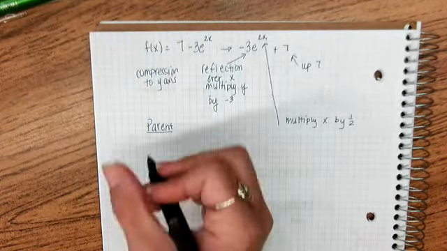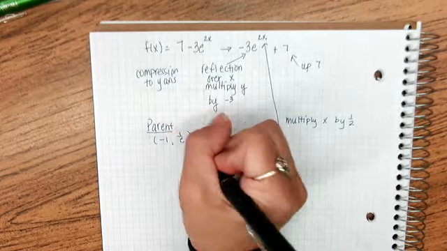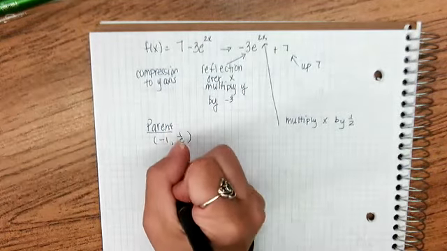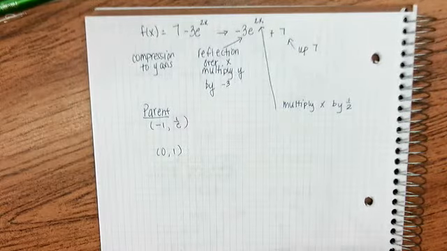Okay, so the parent goes through (-1, 1/e), (0, 1), and (1, e). All the parents go through (0, 1).